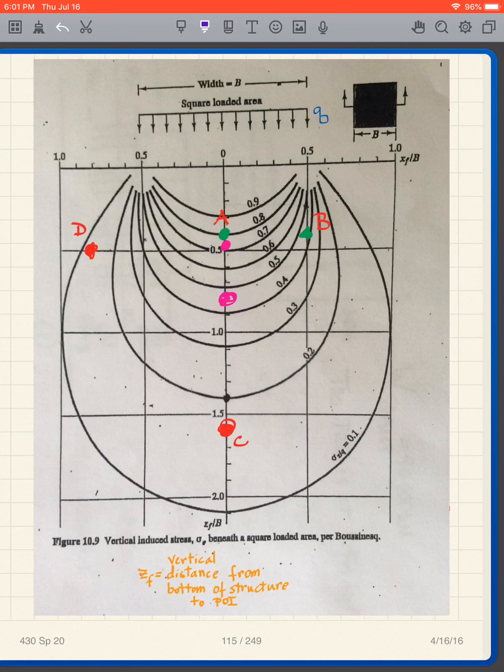And what we're going to see, the contour I read for this point is between 0.4 and 0.5. This one is between 0.7 and 0.8. And so I'm getting approximately for my contour here about 0.45. It's between 0.4 and 0.5. And this other one is closer to 0.7 than it is to 0.8, so maybe 0.72.